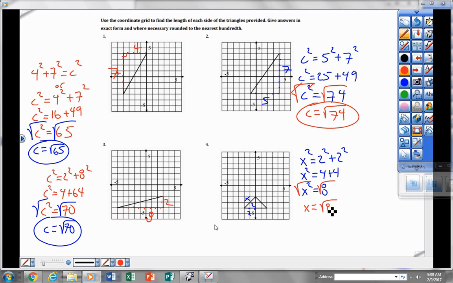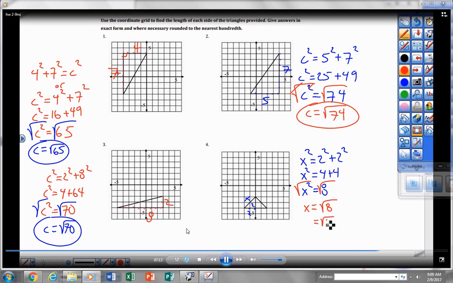Root 8 is made up of 4 times 2. Break that apart into root 4 times root 2, and then square root the 4 to get your 2. Bring that down. I did skip a step right here where I should have written square root of 4 times 2, but that's okay. Split it apart. 2 root 2.